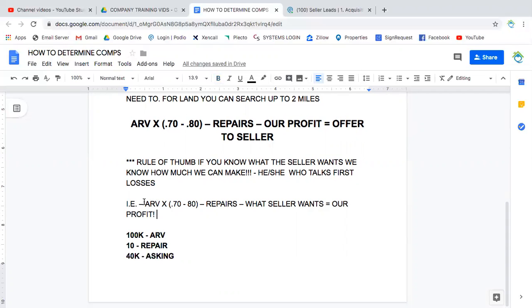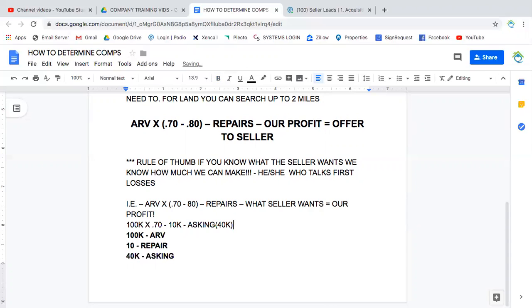So now you can plug and play. If the ARV is 100,000, you want to use 100,000 times 0.70, which is 70%, minus repair, which is 10K. Now we're down to 60%, minus what the seller wants, which is 40K.